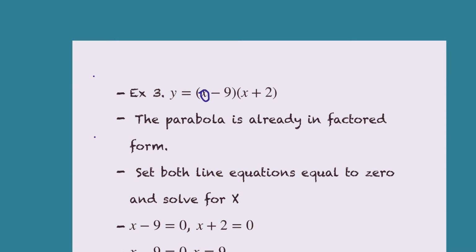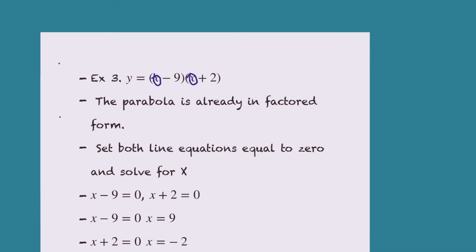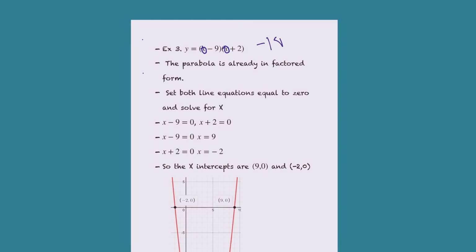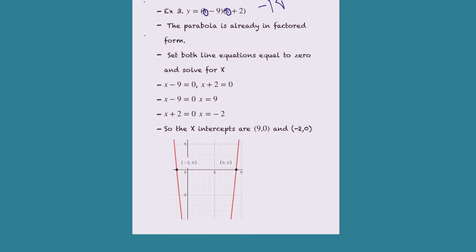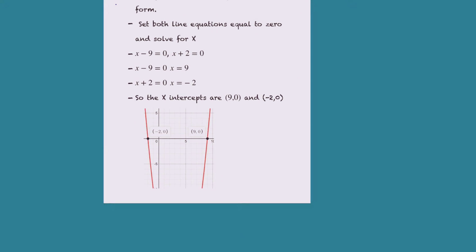So if I had this as 0 here, and a 0 here, and I multiplied negative 9 times 2, we would get negative 18. So that's where it would touch the y-axis, at negative 18. And notice how this just keeps going down.